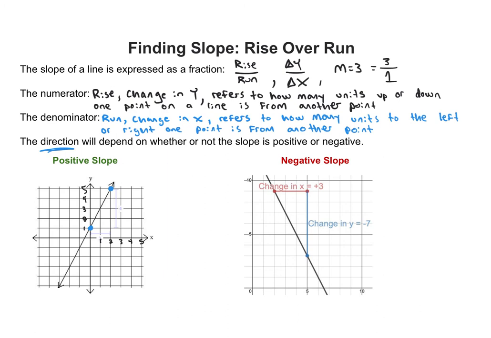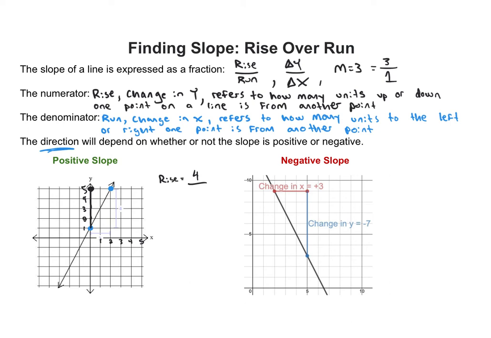All right, so let's start with looking for our rise between these 2 points. And I'm going to start with my bottom point and just count. So I'm going 1, 2, 3, 4 points up. So I would say that my rise here is positive 4. And then let's do our run.